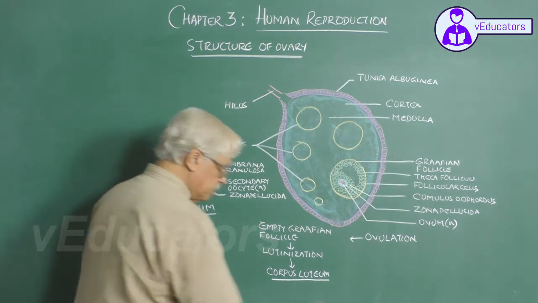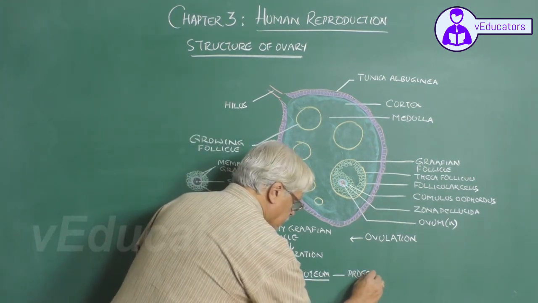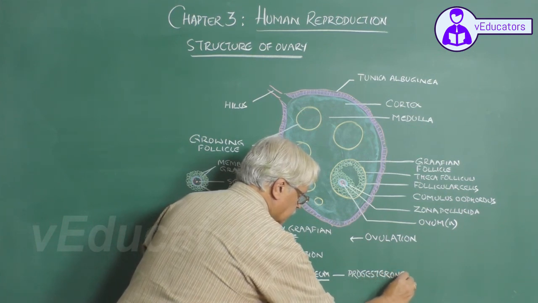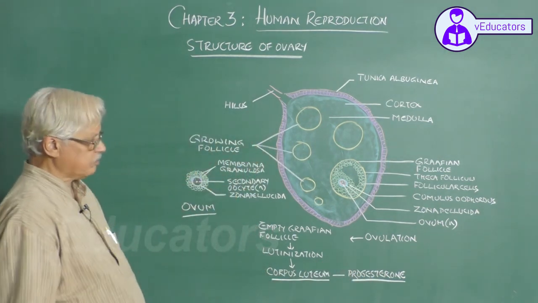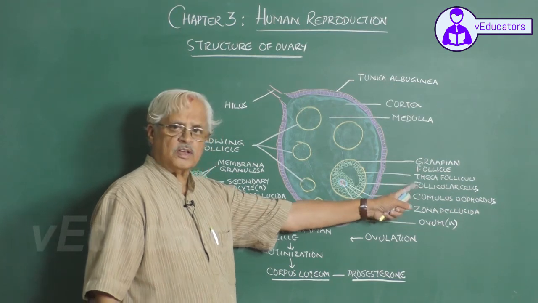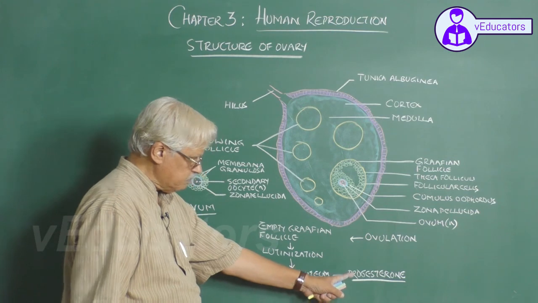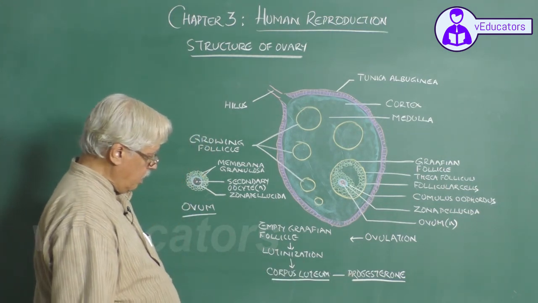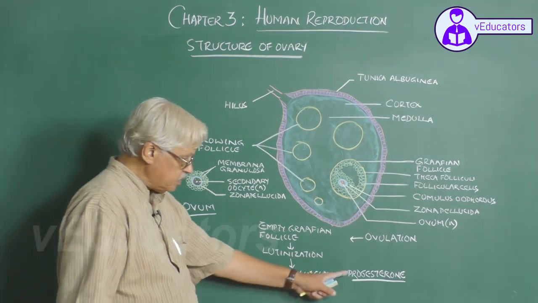This corpus luteum starts secreting a steroid hormone, progesterone, whereas these follicular cells secrete the hormone estrogen. Corpus luteum secretes the hormone progesterone. Corpus luteum remains functional for a few days.